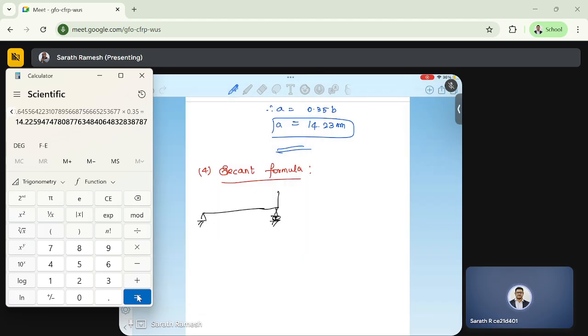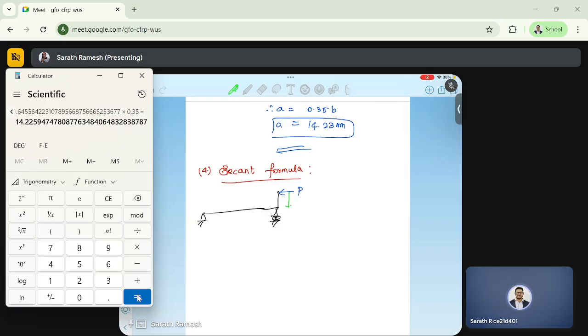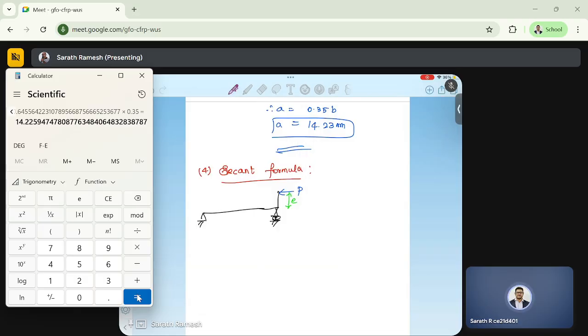So, because this actually models some realistic behavior, because so far what we have seen is only concentric columns where the load is acting exactly at the center, but in reality, there will be eccentricity, right? So it won't be at the center. So because of the eccentricity, there is some extra moment induced. So this is E. So that's what we are going to see.